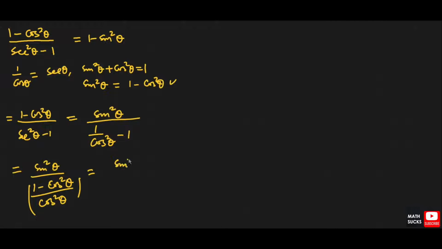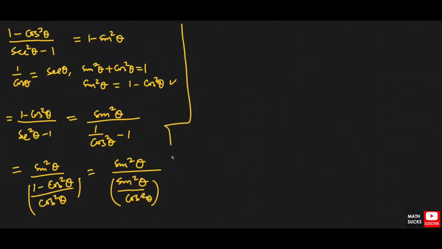We know in the numerator we have this, and the upper part, 1 minus cos squared, is the same as sine squared of theta, over cos squared of theta. So let's simplify that in just a few seconds.